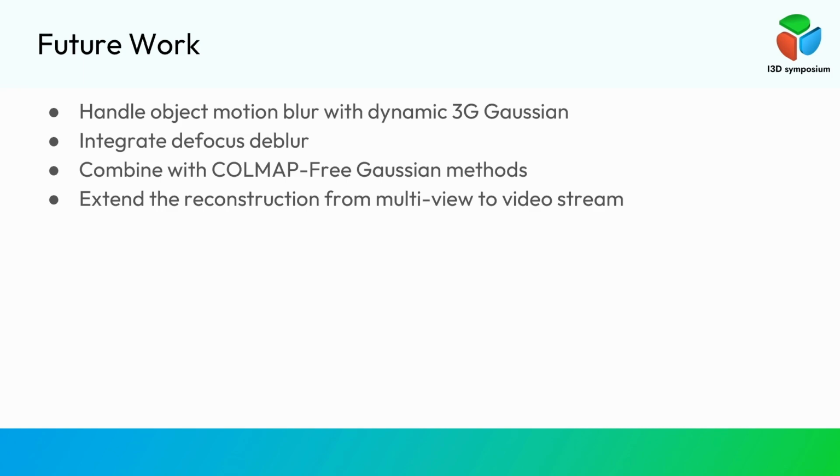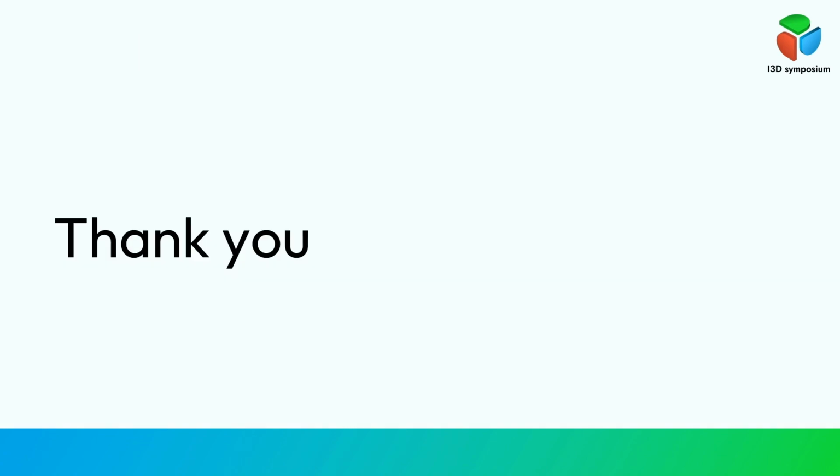And at last, their vision is to extend to the reconstruction from multi-view to video stream, since video streams also suffer from such problems during movement. And okay, so this is their work.